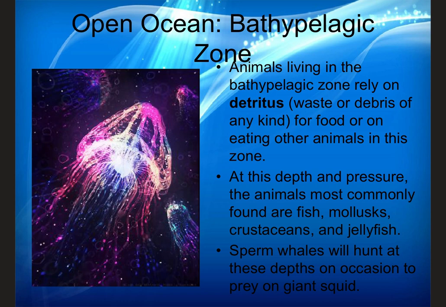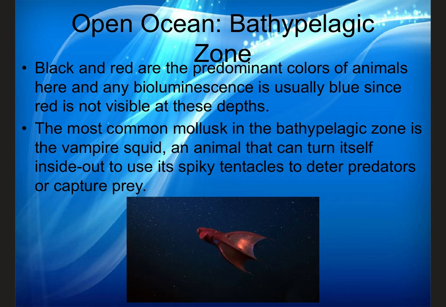There's no plant life here to produce food, so they have to rely on what they can find. At this depth and pressure, the animals most commonly found are fish, mollusks, crustaceans, and jellyfish. Sperm whales have often been known to hunt in these depths on occasion to prey on the giant squid.